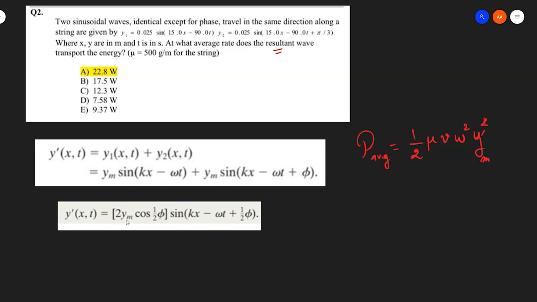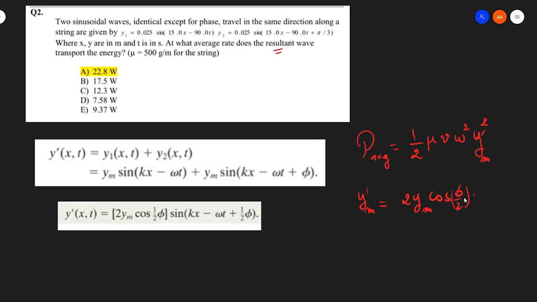It is different. So what is here y prime? Just recall y prime. It is all this term here, 2ym cosine phi over 2. Okay, so this is very important.